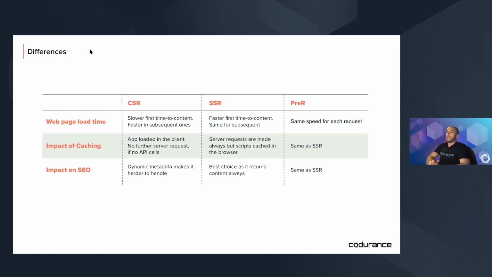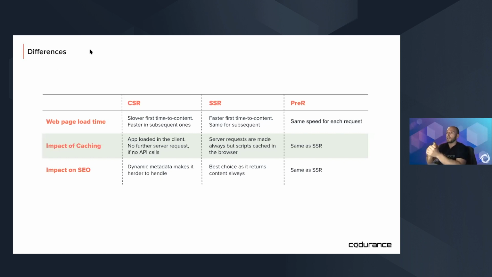On the other hand, server-side rendering is faster for the first time to content. This means that when you access a website that is server-side rendered, you will see things faster on your screen, meaningful things like a text or a menu.